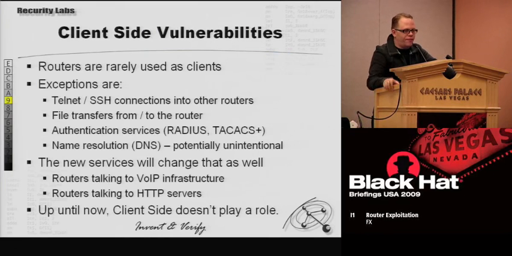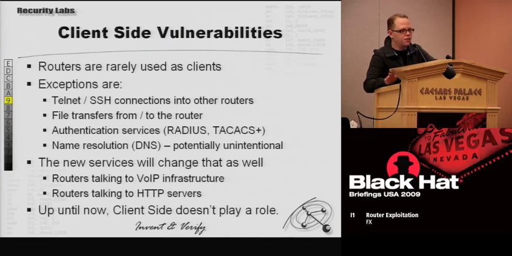So there are just very few cases in which routers are actually clients, which is authentication services like RADIUS and TACACS, name resolution, sometimes inadvertently. Like if you don't tell a Cisco router that it doesn't have a name server, and you type something on the command line that is not recognized as a command, as in you just fat finger something, it's going to broadcast, like literally broadcast a DNS request.